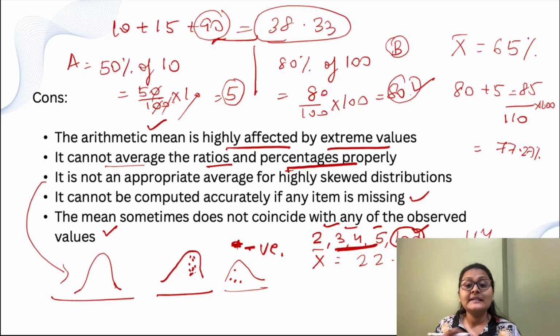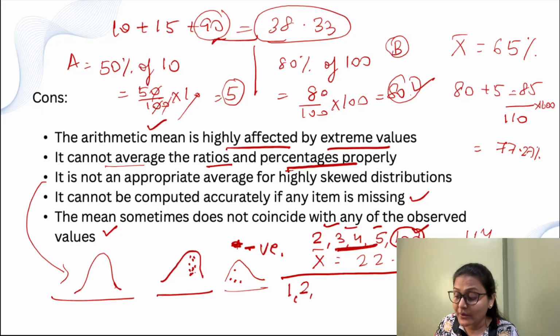So this means that the mean might not match any data point in the set. Now suppose the data which we have to calculate is 1, 2 and 3, right? Now the mean over here would be what? 6 divided by 3. So 2 is our mean.